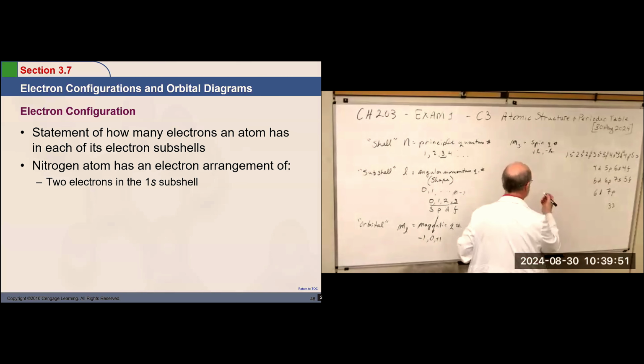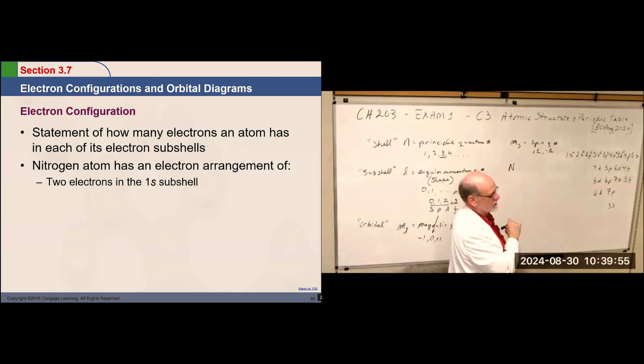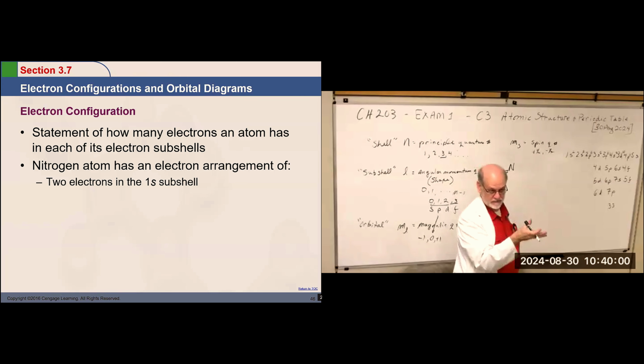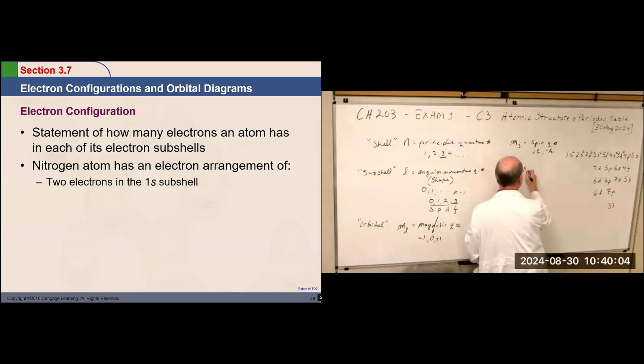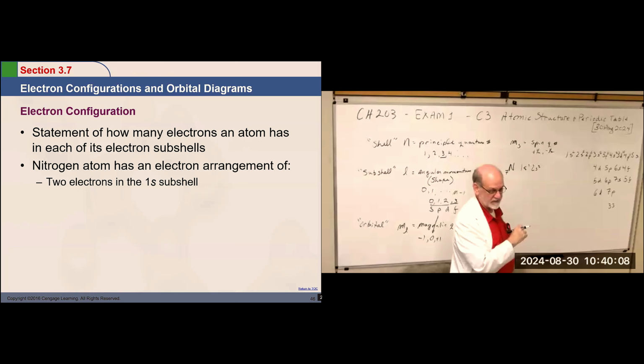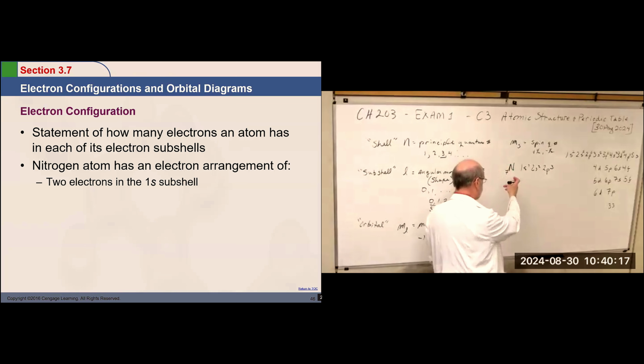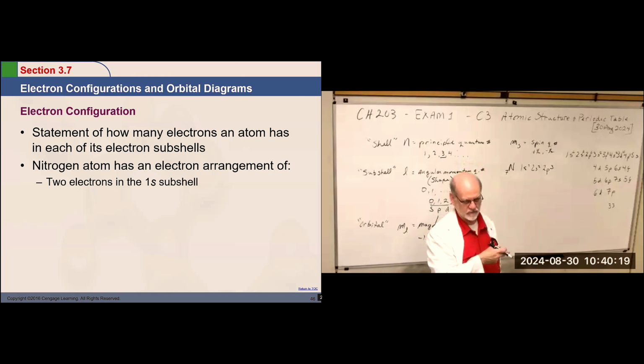If we do nitrogen, okay, nitrogen has how many protons? 7. So the neutral atom will have 7 electrons, right? So if we say 1s2, 2s2, we've already used up 4 of them. So now we're into 2p's, right? 2p's, what do we got left? 3. 2p3. That's the electronic configuration of neutral nitrogen.